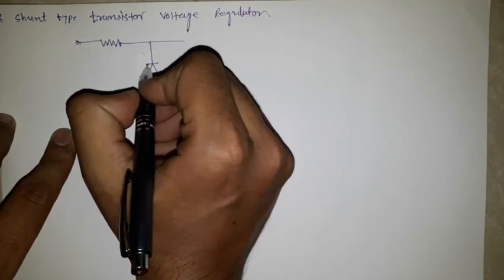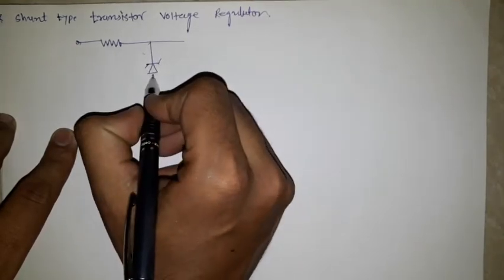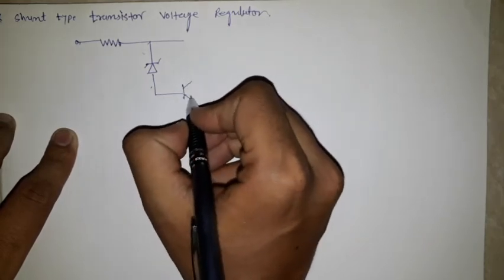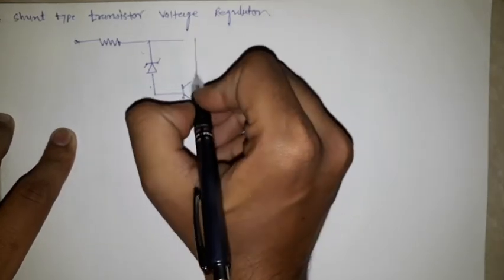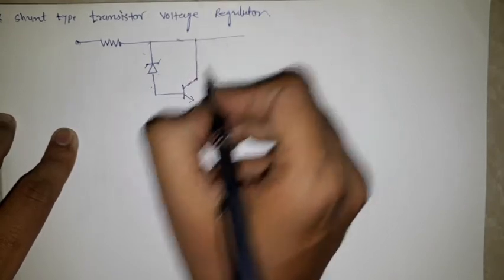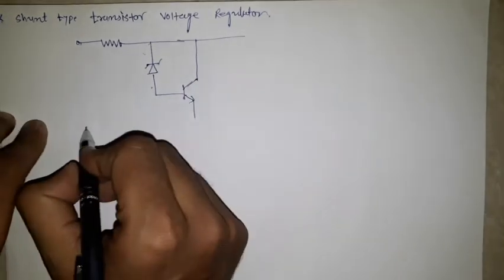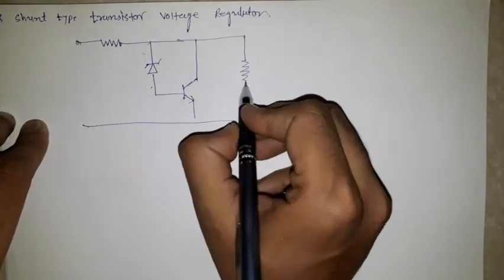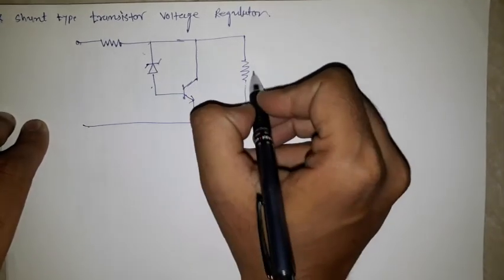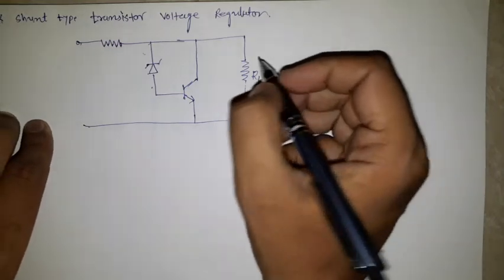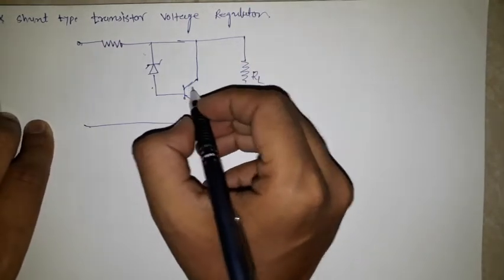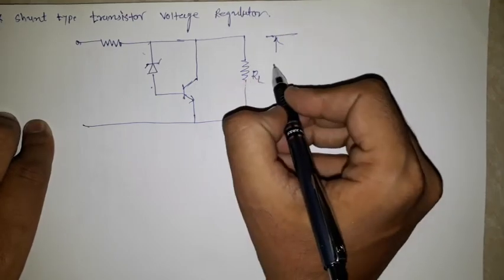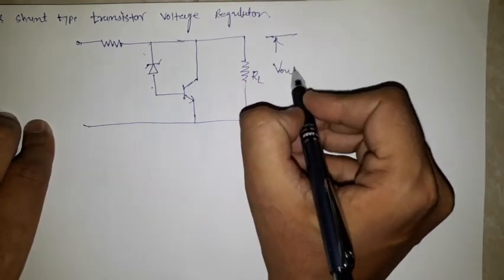One Zener diode is used and one transistor is used. Here is the load resistance, this is the RL, and output voltage is taken from this load resistance, that is V out.